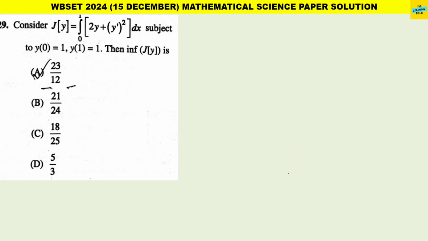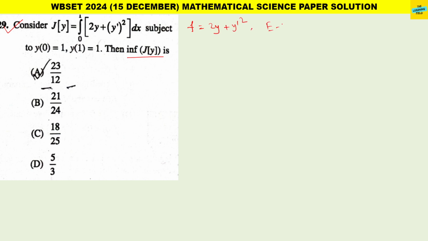Next. This is a question from calculus of variations, a very easy and common question of CSIR NET. J(y) is equal to this, subject to y(0) equal to this, y(1) equal to this, and you have to find the infimum of J(y). So f equals 2y plus y dash square.